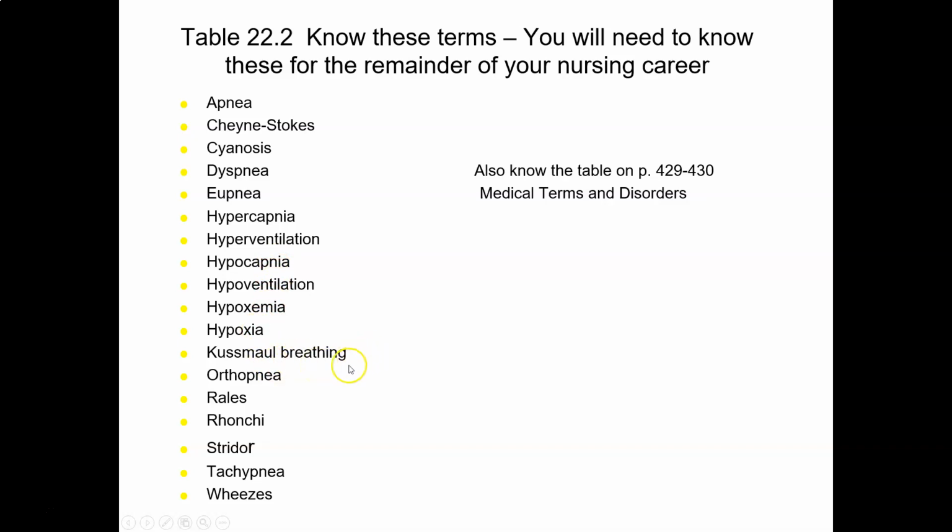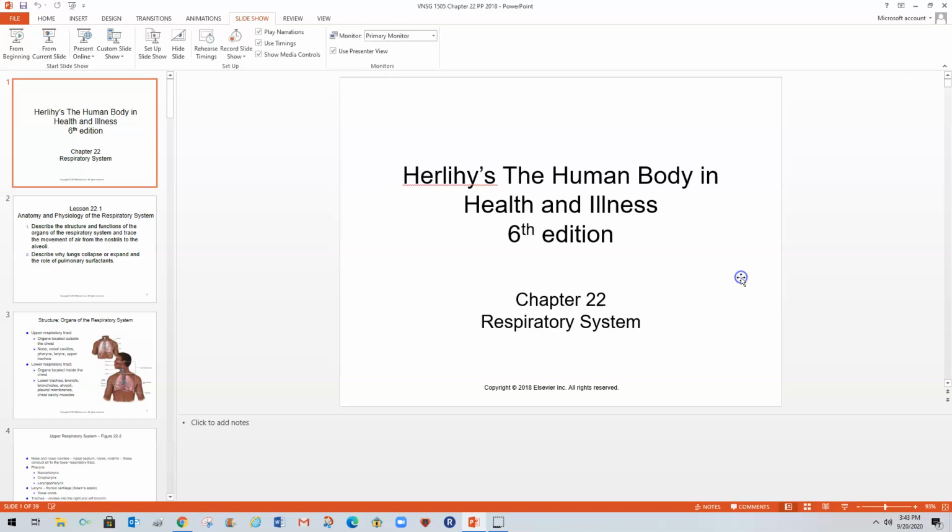Kussmaul, we'll have some homework on that maybe in pharmacy. Rales, rhonchi, I'm sure you're studying about that in your assessment, and stridor, that high pitch that babies make when they have bronchitis. Tachypnea is breathing really fast. You need to know all of those. And so that is chapter 22.